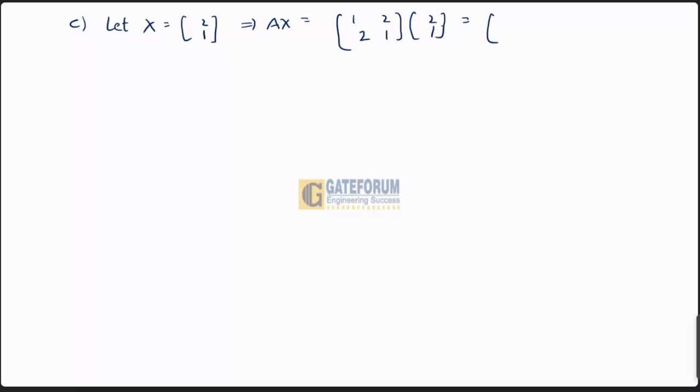First row into first column: 1 into 2 plus 2 into 1, that is 4. Second row into first column: 2 into 2, 4 plus 1, 5. So [4, 5] is not equal to any number lambda into x. Therefore x equal to [root 2k, 1] is not an eigenvector.